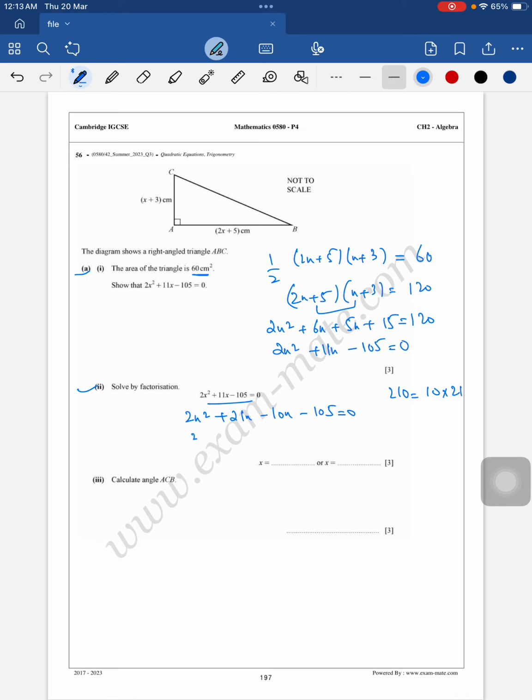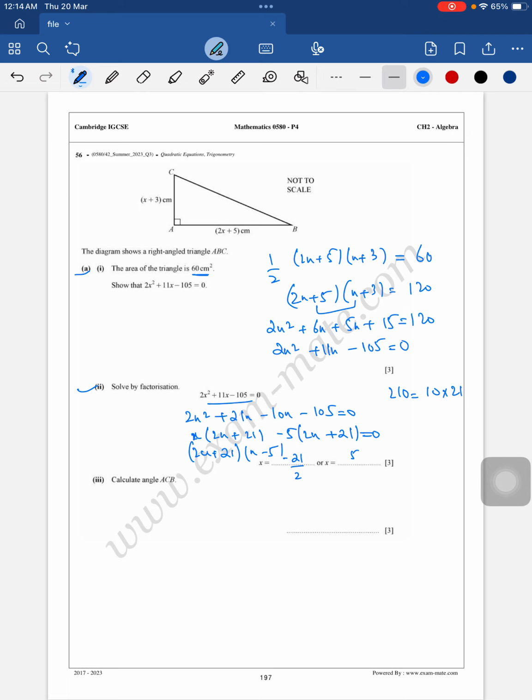So x is common, x into 2x plus 21. Now here we have minus 5 common, so 2x plus 21. So one bracket is 2x plus 21, the other bracket is x minus 5. So one value is x is equal to 5 and the other value is minus 21 upon 2. Clear?